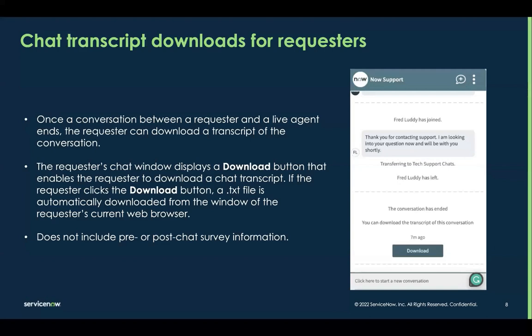Then a download button displays, and when the requester clicks on it, a text file gets downloaded on his system. When he opens the text file, it shows the entire conversation, who joined in between and which agent has helped, all that info. Let's say you're using a pre-chat service or post-chat service, that information will not be captured in the downloadable transcript. So only the main conversation gets into the file.